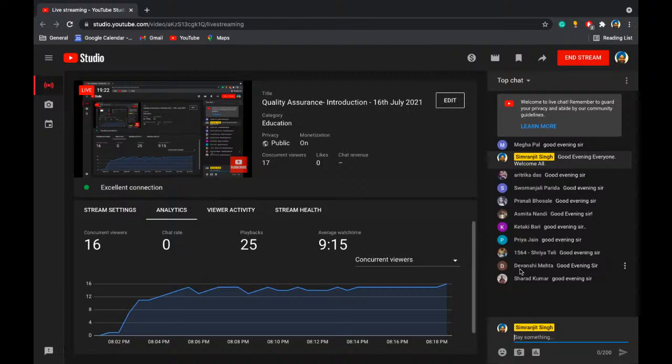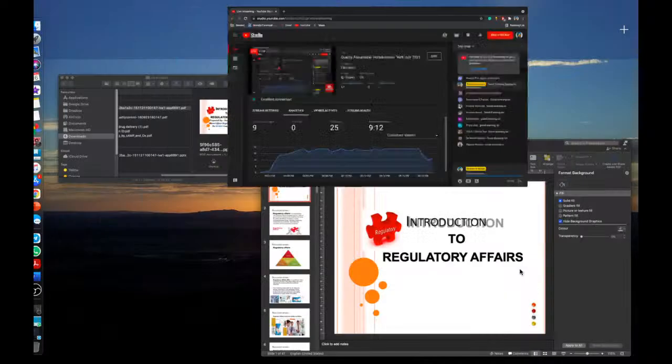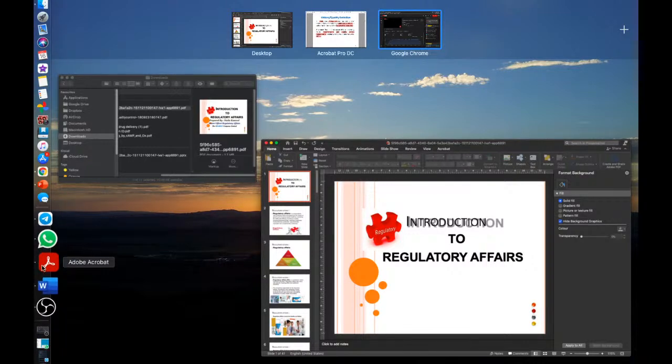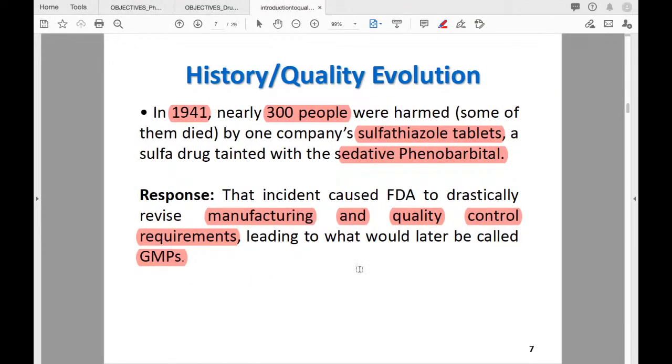But still, processed food and medicine, the revolution in the pharmaceutical industry, was not that high at that time. But soon, with time, it started to gain momentum and make a revolution in our industry also.